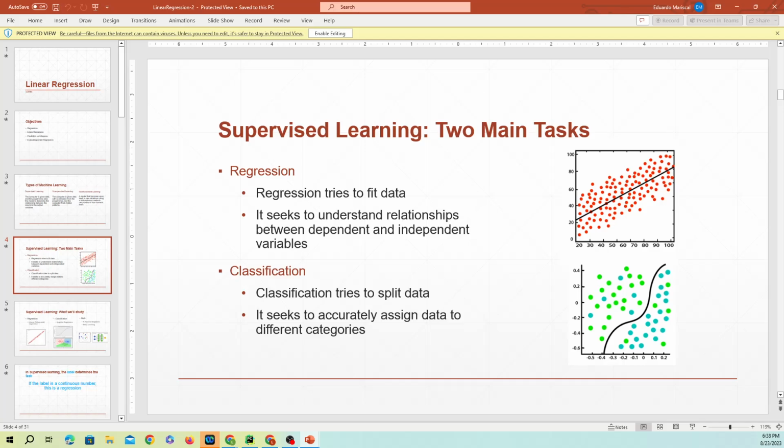For example, the house price in a community, right? You're going to get all these houses depending on the area, number of bedrooms, the square footage, and based on that information, you're going to be able to predict what the price of the house will be.